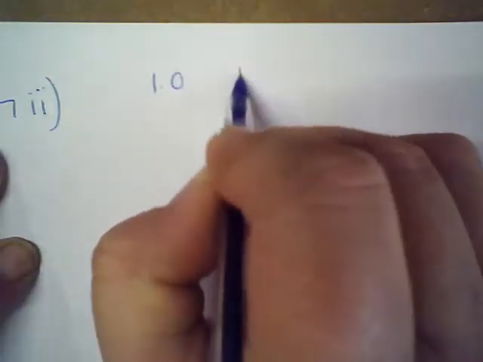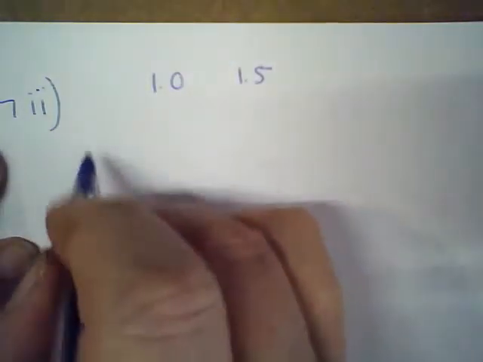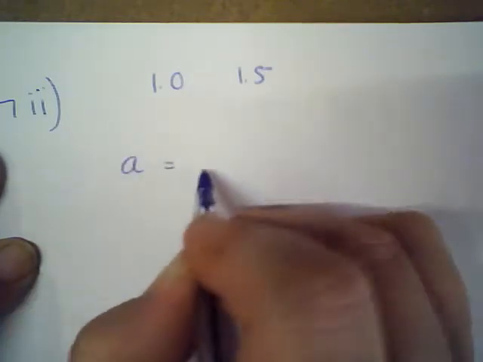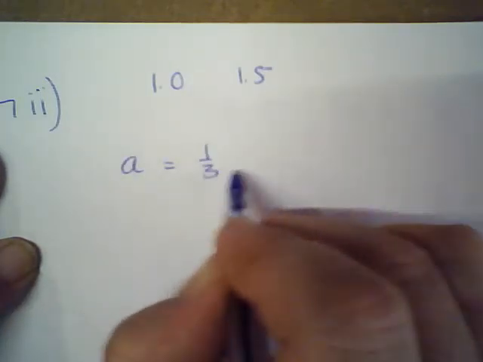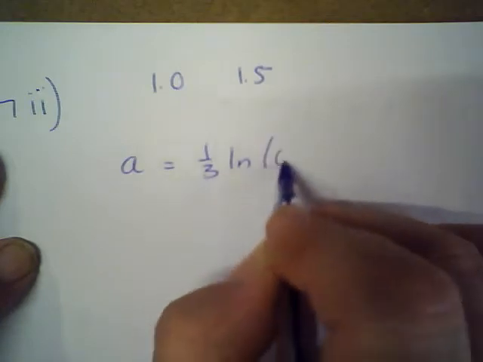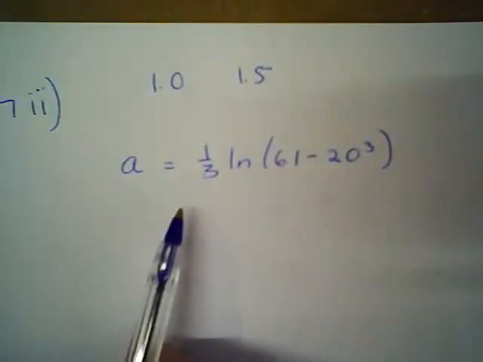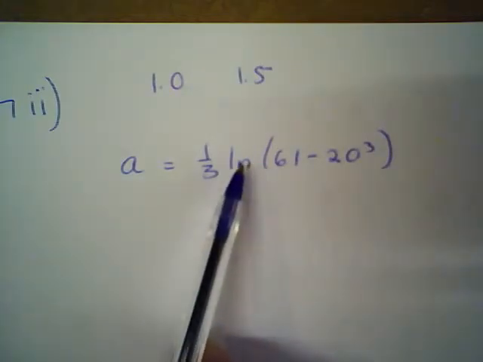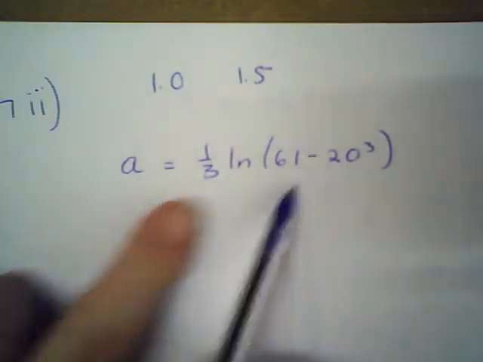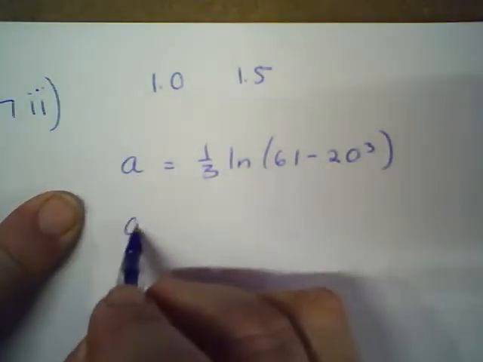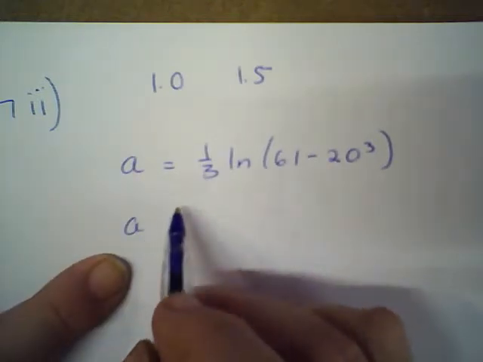Now they ask us to show by calculation that this value of a lies between 1.0 and 1.5. Okay, this was what they've given us. a equals 1/3 natural log 61 minus 2a cubed. By calculation, so we need to create an expression by moving all the terms to one side to show that there would be a change of sign.